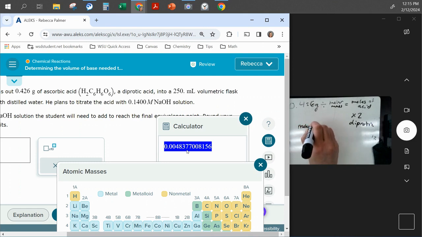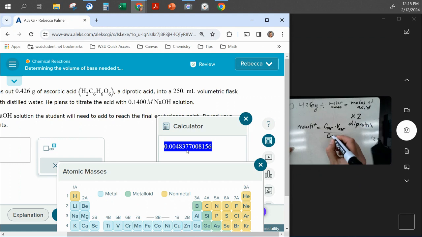Then we're going to use this equation: moles of H+ equals the concentration of hydroxide times the volume of hydroxide. So this only works when we've added the same amount of base and acid, and that's what a titration is. Okay, so then I'm going to divide by the concentration of hydroxide, because I'm trying to find the volume. So divide on both sides.